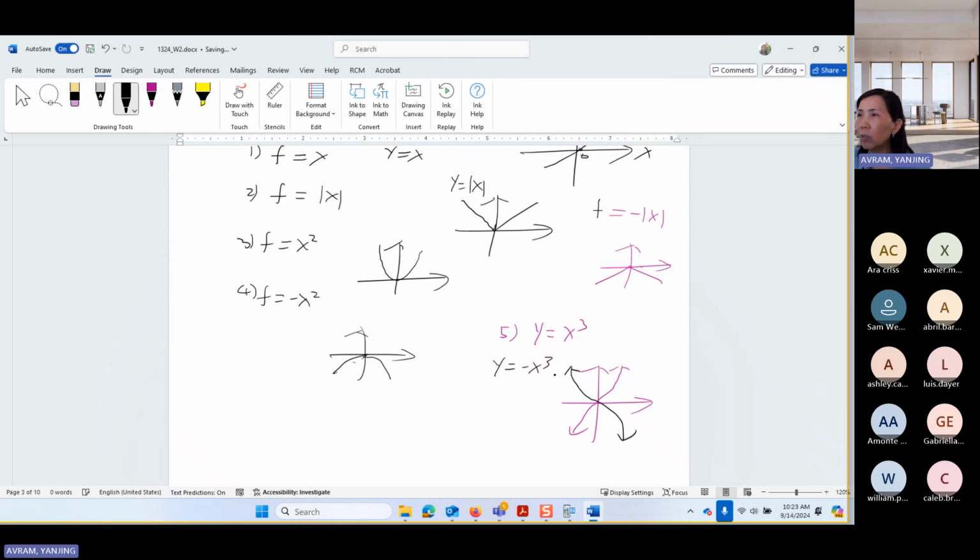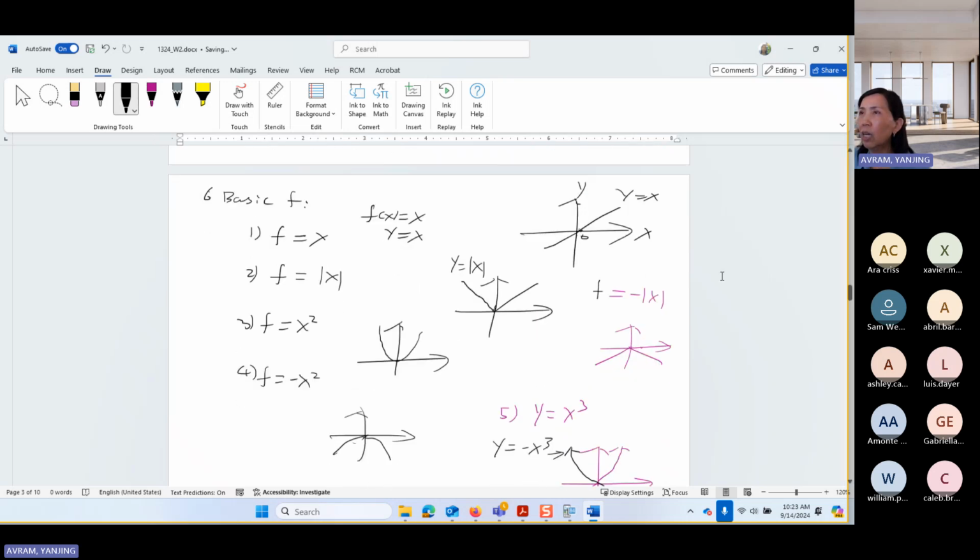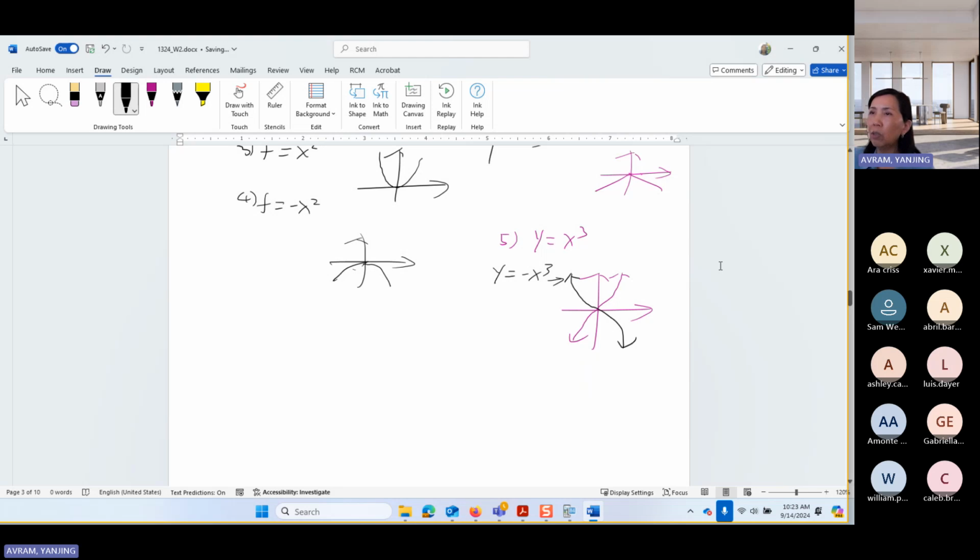So those are the basic functions in this kind of situation, right? And then you also have y equal to the square root of x. Y equal to square root of x will be something like that. All right, so those are the basic functions.